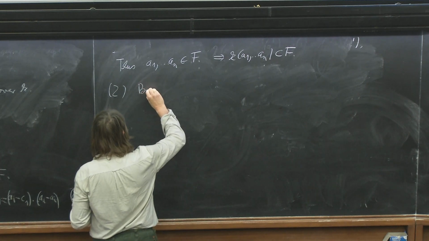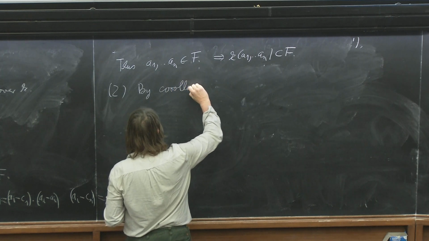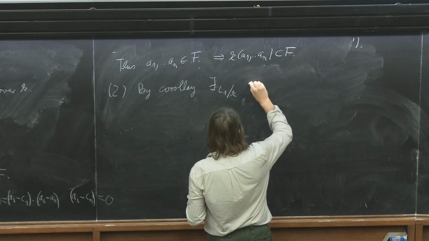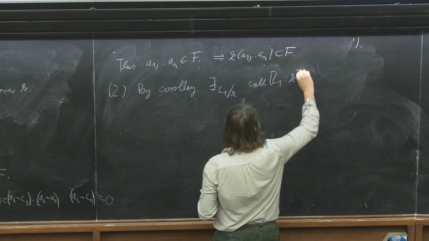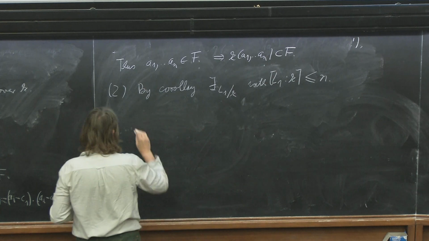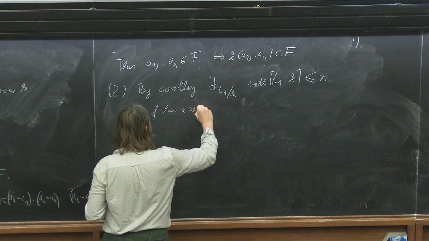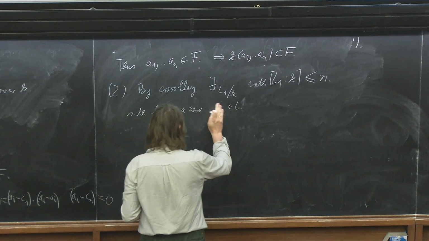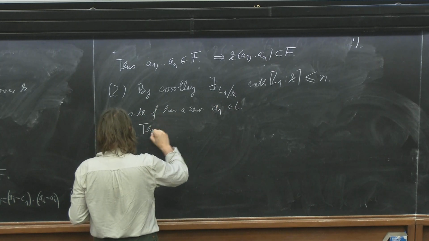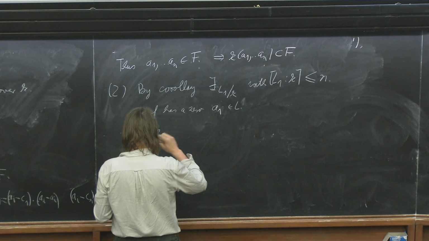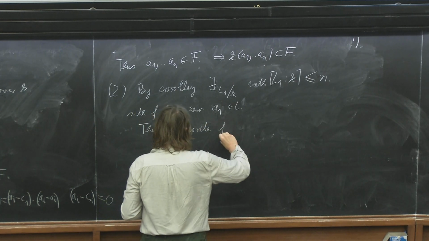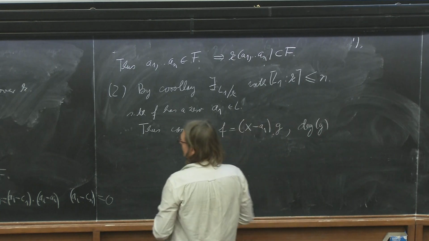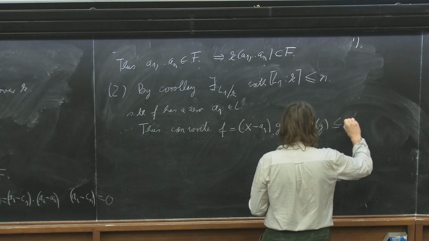By the corollary, there exists a field extension, say L1 over K, of degree smaller equal to n, such that f has a zero a1 in L1. Thus you can write f equals (x minus a1) times g, with g of degree smaller equal to n minus 1.